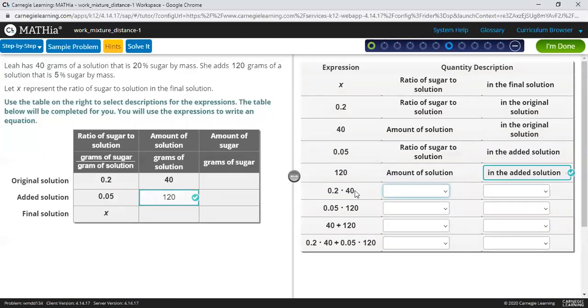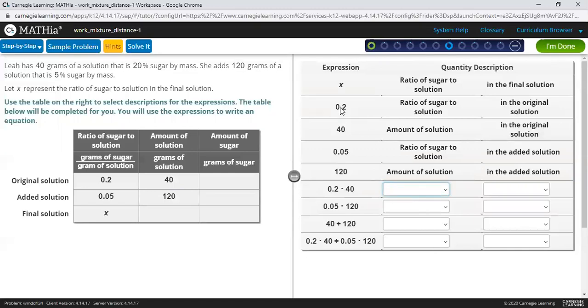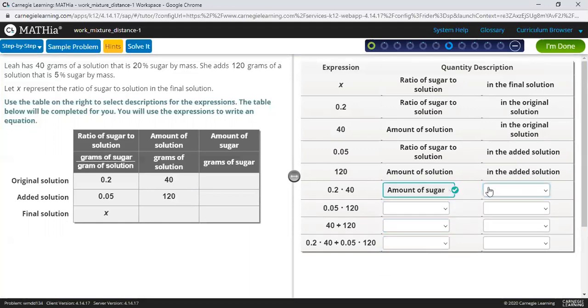Now if we take that 20% as a decimal, 0.2, and multiply it by 40, that's going to be our amount of sugar in the original solution.